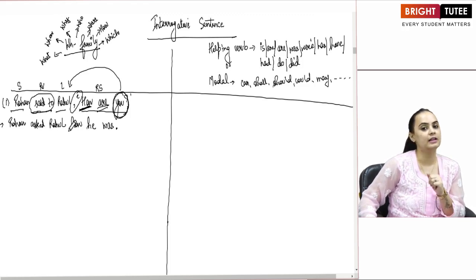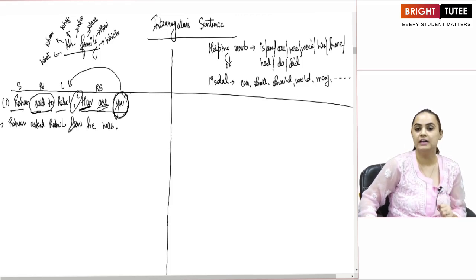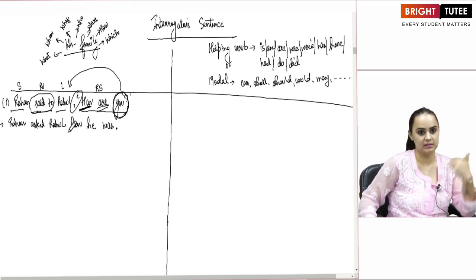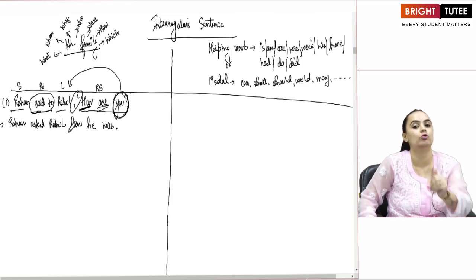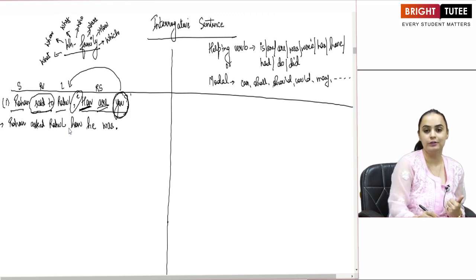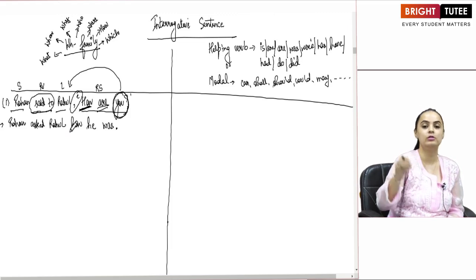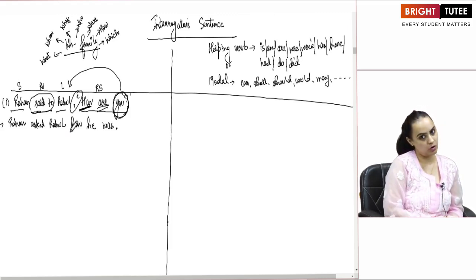Then, after the WH family word, we have to use the subject. Who are we talking about? Here we are talking about he, because the speaker is asking Rahul, how are you? So in place of you, we write he and are changes to was. So Rohan asked Rahul how he was.